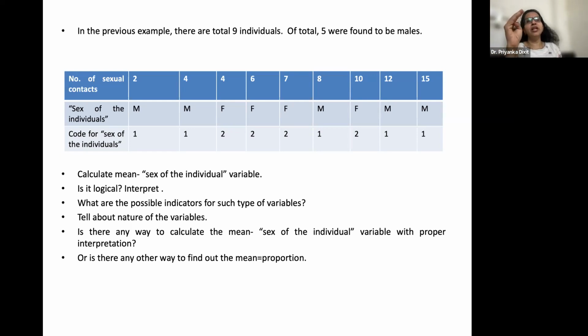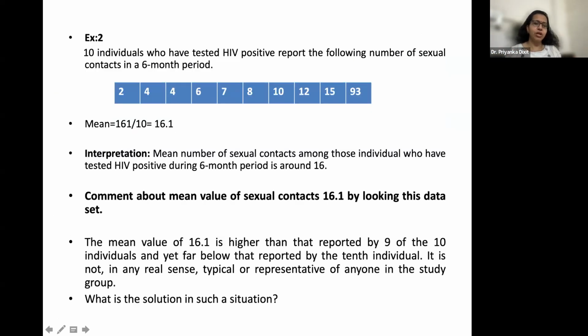Then only will you get a meaningful indicator and be in a position to represent your data set. Okay? So this is clear: when we can calculate the mean and when mean is not applicable. Now let's look at a different example. In the same example where I have the information of 9 individuals, I got another piece of information.